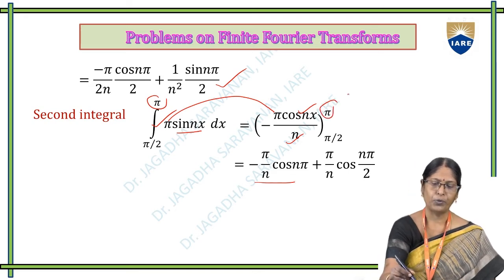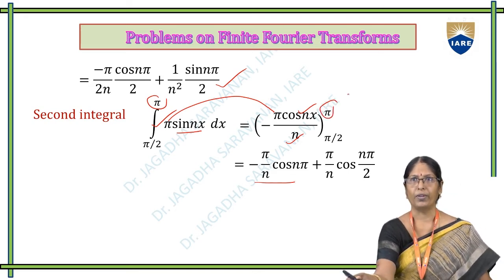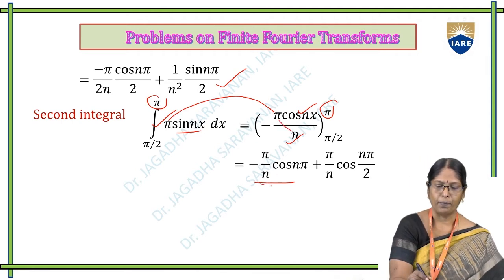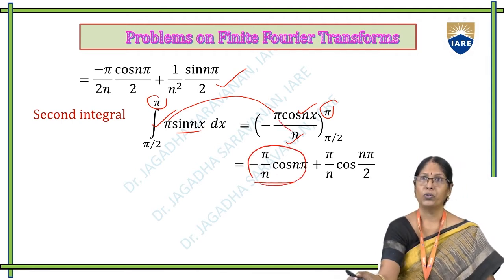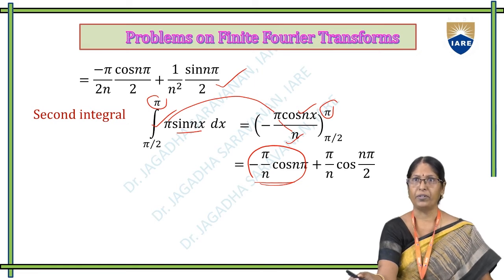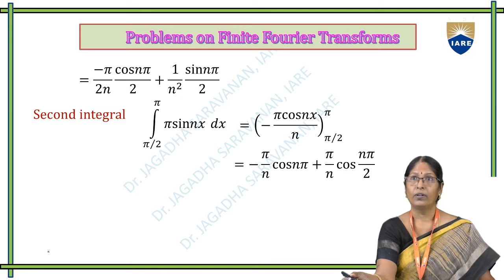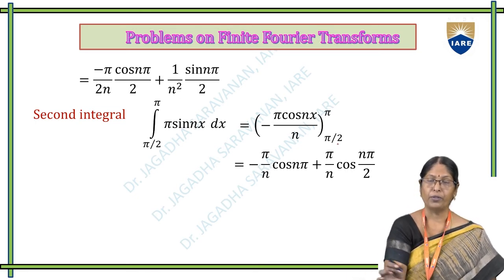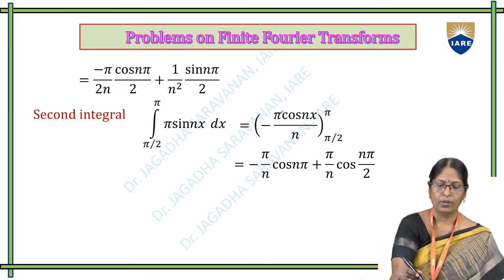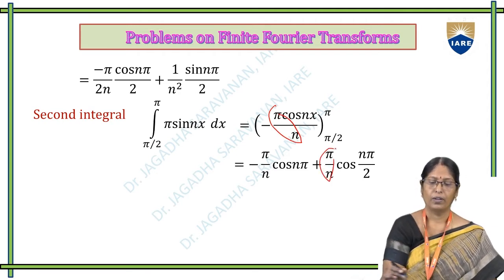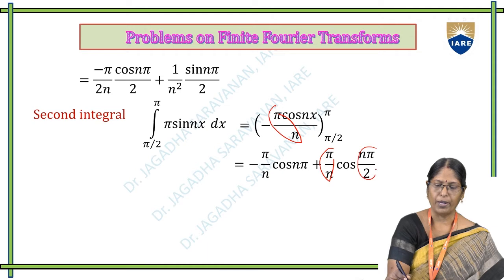Our pi is substituted in the place of x. So pi by n cos n pi, the upper limit job is completed. The lower limit is pi by 2. So this pi by n is written with cos n pi by 2.